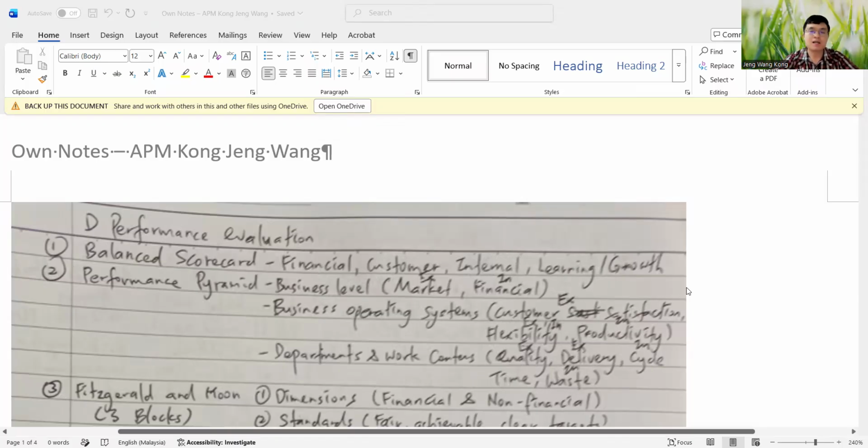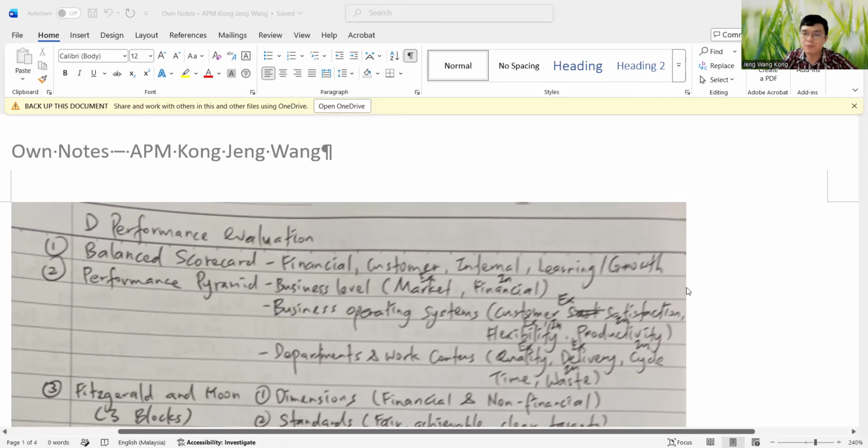Like the keywords, the key terms, key concepts, by writing down part by part, then you're able to recall what are the elements of a certain topic. So this is how I share with my students.